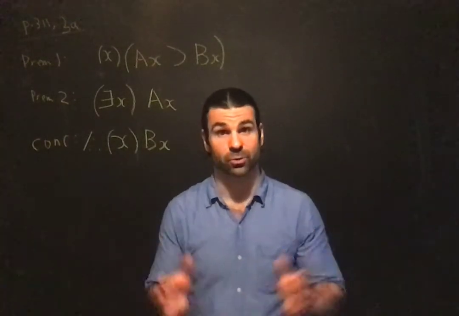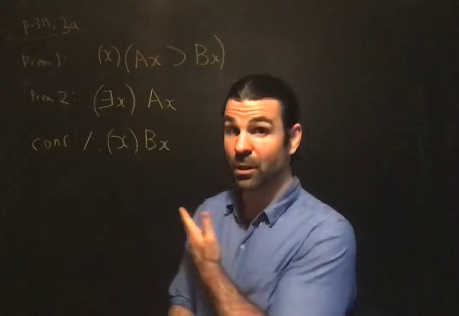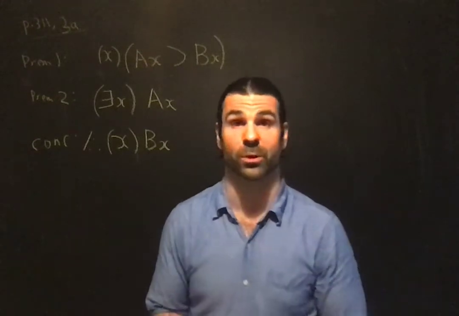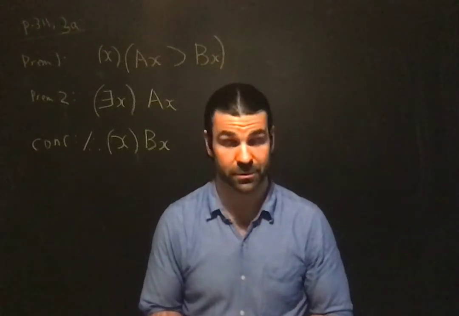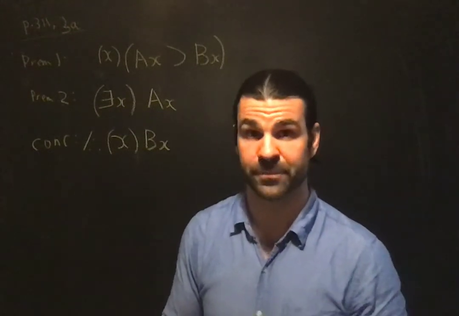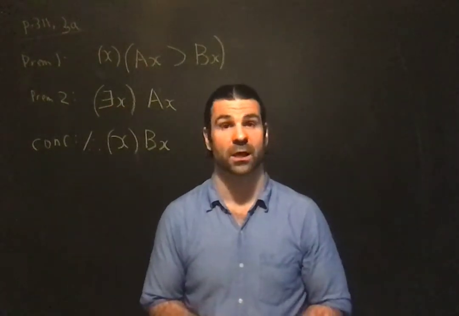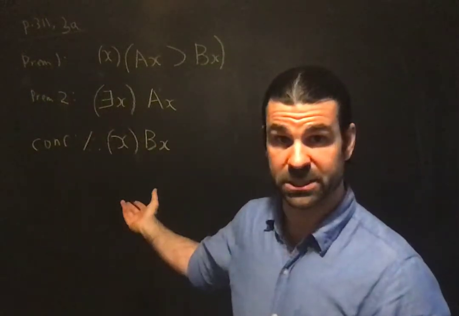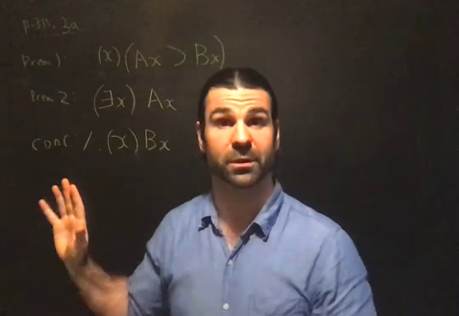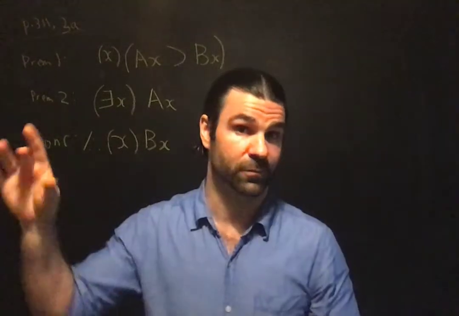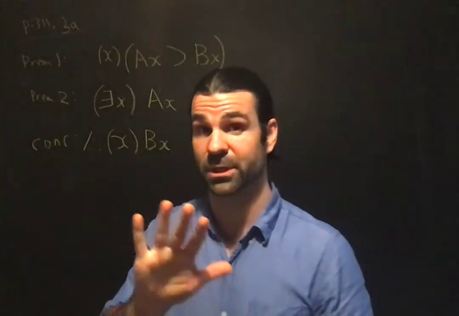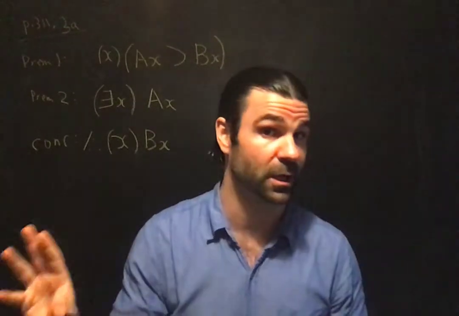Okay, back to quantifier logic now. What you have on the board here is an argument in quantifier logic, and I'm going to use the model universe method to show you that this argument is invalid. Okay, this is from the exercises. You'll find this argument listed on page 311 for question 2, but remember, question 2 asks you for a whole bunch of arguments to use the natural interpretation method to show that the argument is invalid.